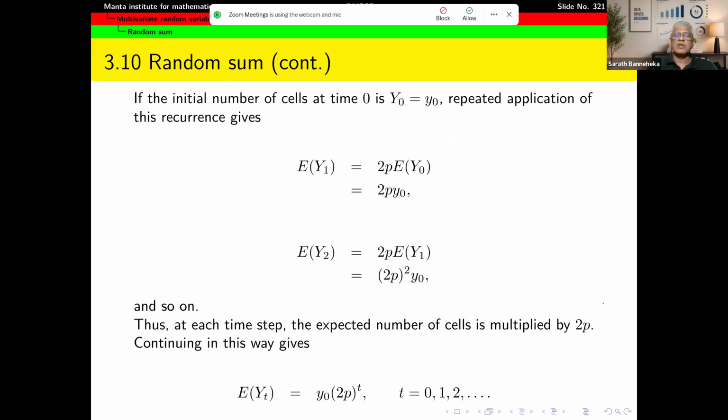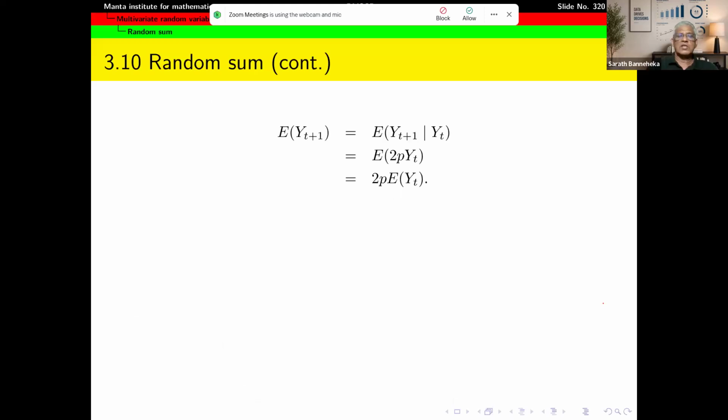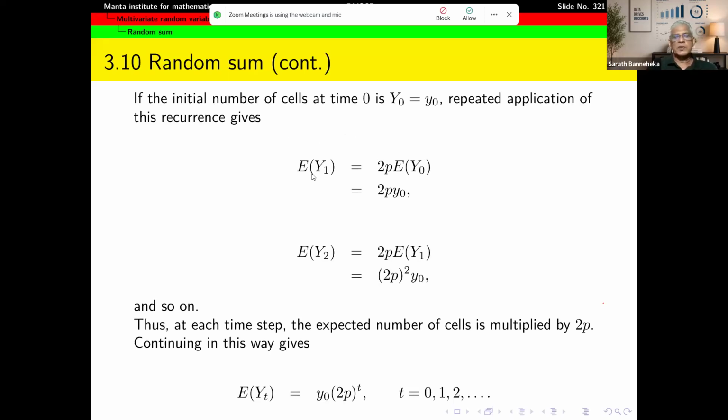If you apply this expression repeatedly, the expected value of Y_1 will be 2p Y_0, because the expected value of Y_0 will be just this observed value Y_0. Then the expected value of Y_2 will be, again, the expected value of this quantity, that is 2p squared times Y_0, because 2p will come again, and the expected value of Y_1 is 2p Y_0. So 2p will be squared, and so on.